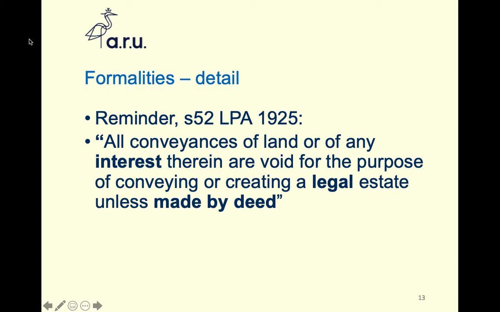Any sale of land or any interest would be void unless that legal estate or interest is made by deed. So in order to transfer the fee simple absolute possession ownership over to another party, or to establish that you have a legal interest in the land, so your easement, your mortgage, your landlord's right of entry, all of that would be protected by deed.